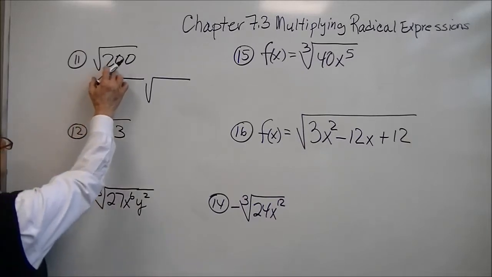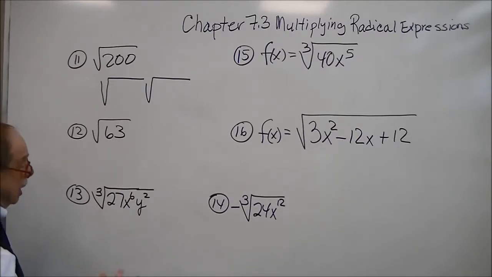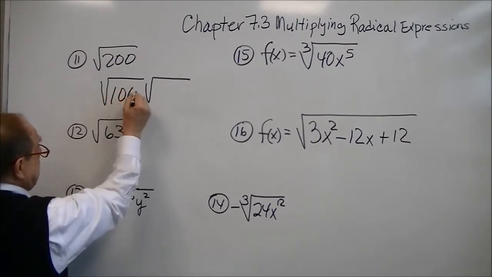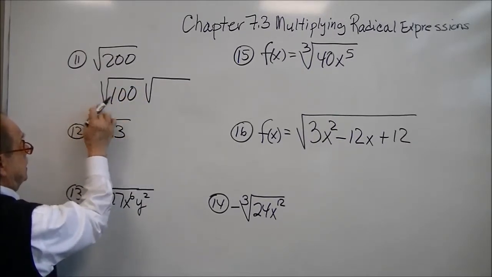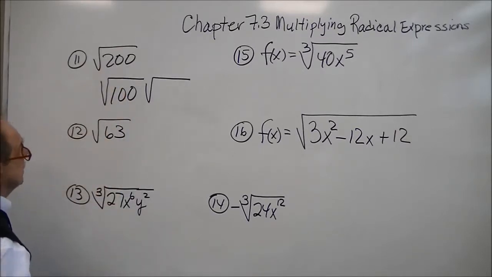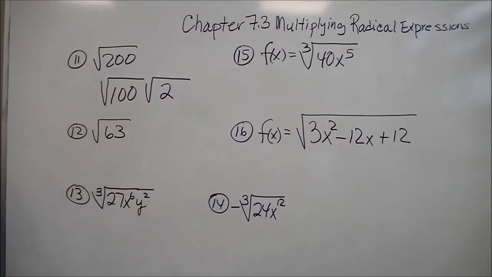And you say, well, what are the factors of 200? Well, 2 times 100. 100 is a perfect square. So what I like to say is under the first radical sign, then you put that perfect square of what you took out of there as a factor. And then the other. And then what do you have?